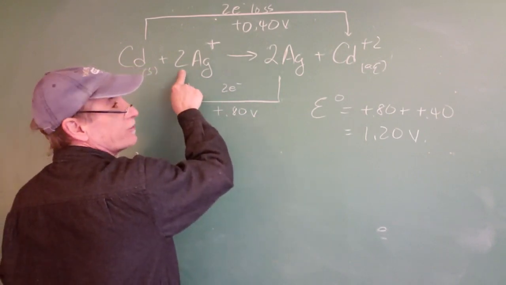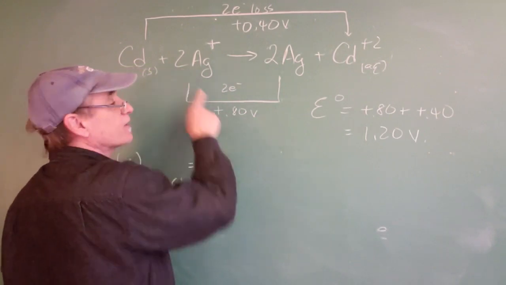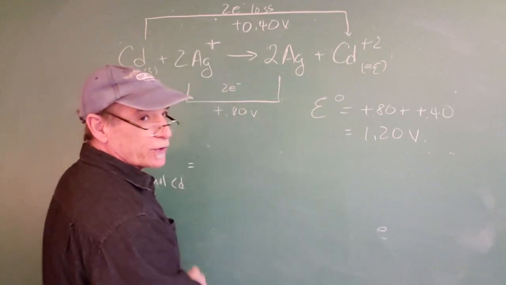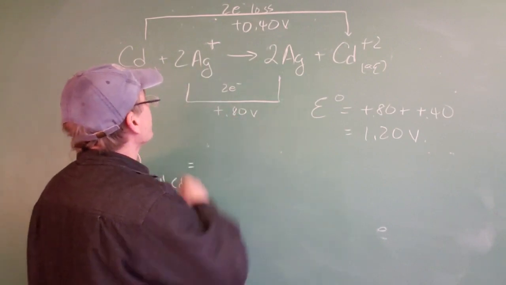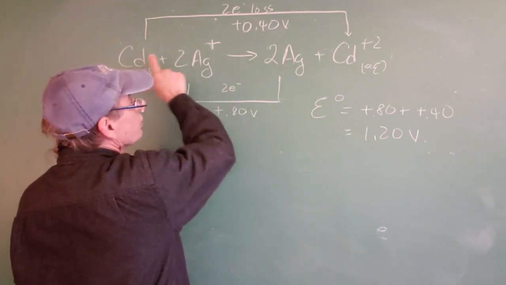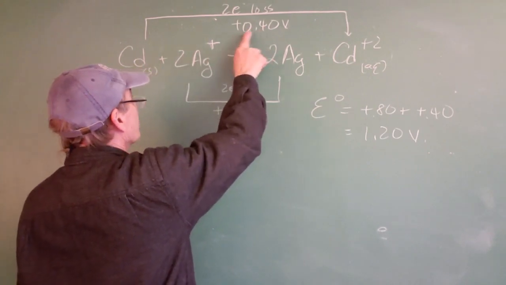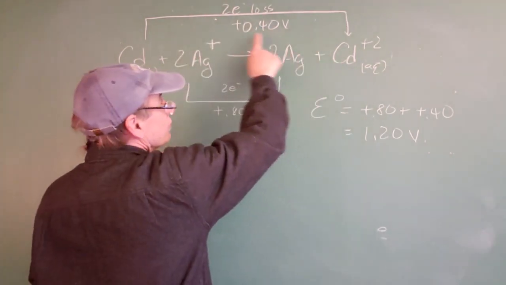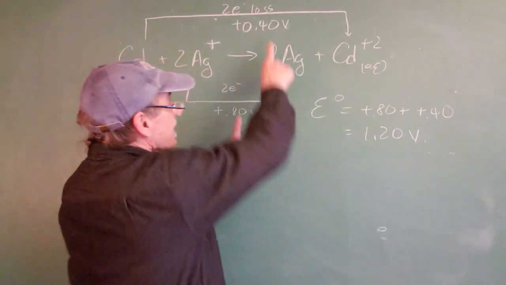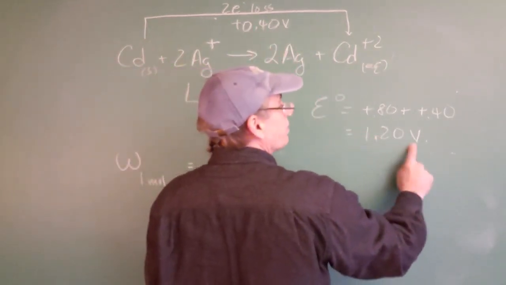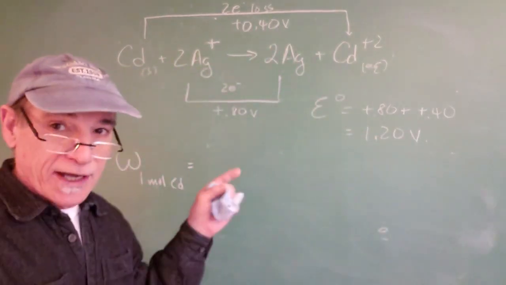Doesn't matter if it's for 1 silver, 2, 4, 10, doesn't matter. That value came straight from table 20.1. And the cadmium, when we look up its reduction potential, was minus 0.4, but we're running it as an oxidation. So that means it's positive 0.4. That gave us a total of positive 1.2 volts for this reaction.